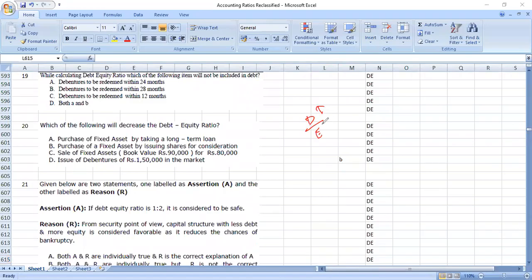Debt increases means obviously ratio increases, but they are asking about actions that will decrease the ratio. So that is not the correct answer. Purchase of asset by issuing shares as consideration: fixed asset increases as well as equity will increase. So debt divided by equity, the denominator increases, so the ratio will decrease, and therefore B is the correct answer.